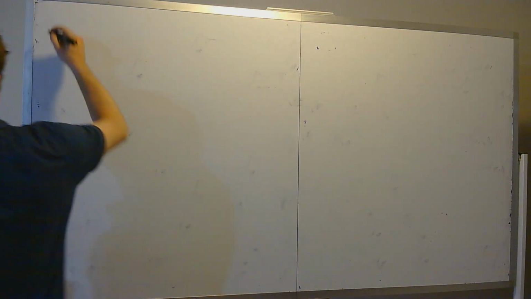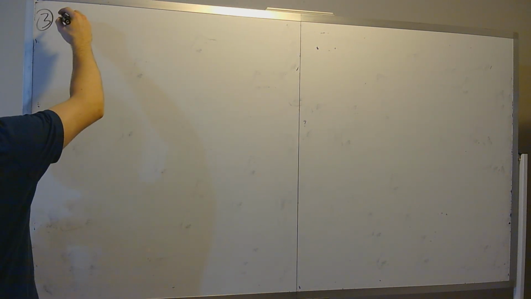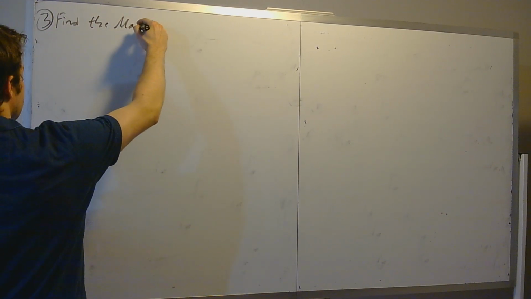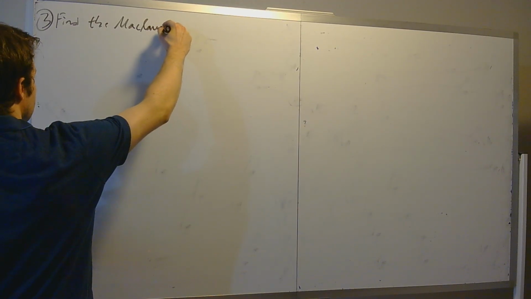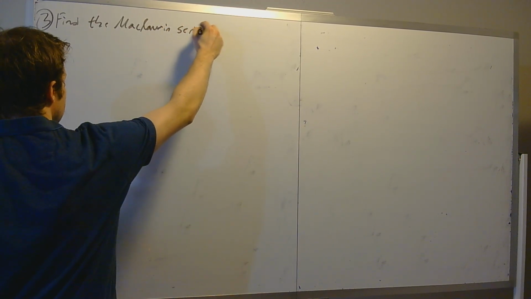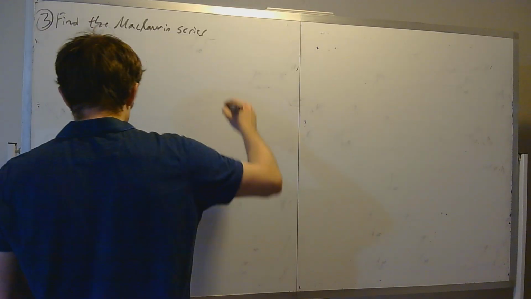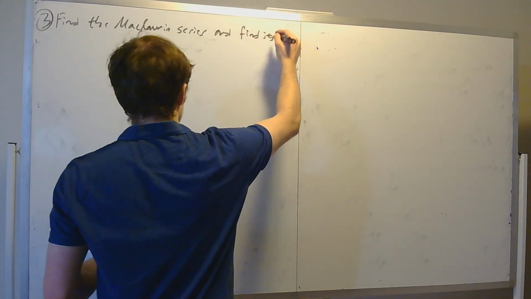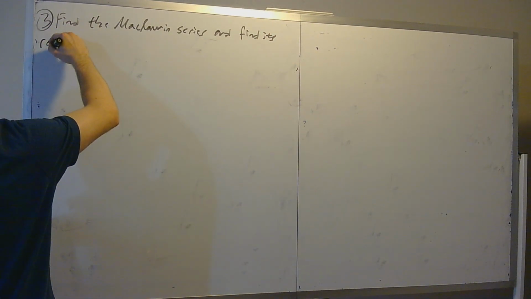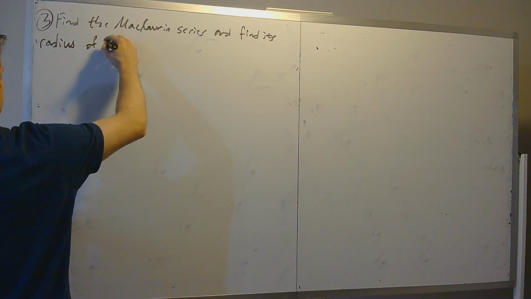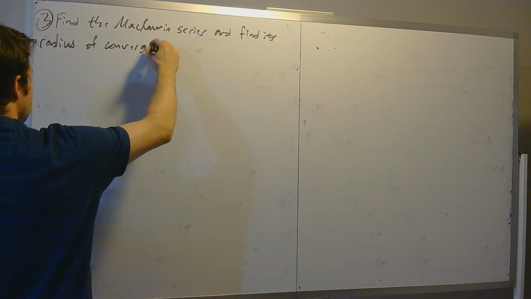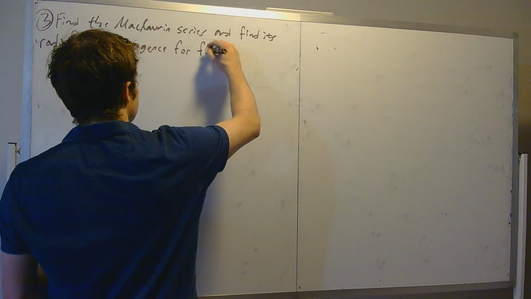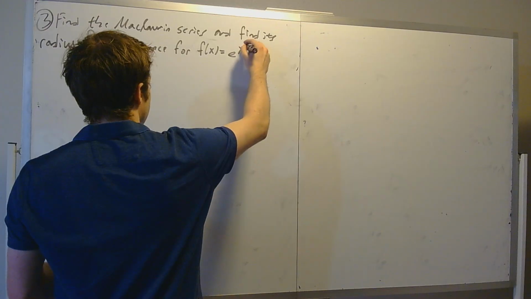So example number 3 says find the Maclaurin series and find its radius of convergence for f of x equals e to the power of x.